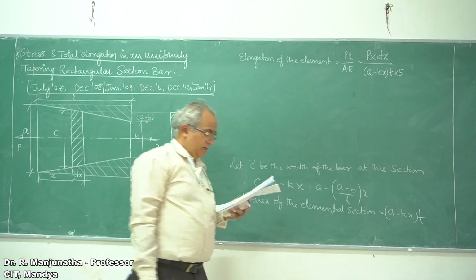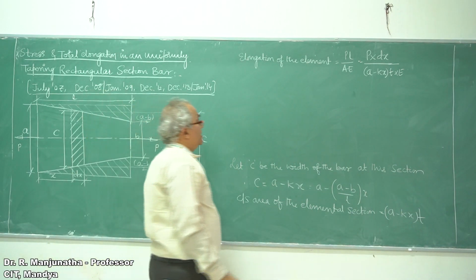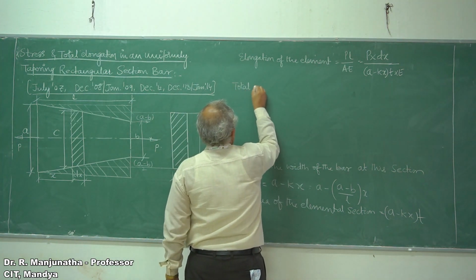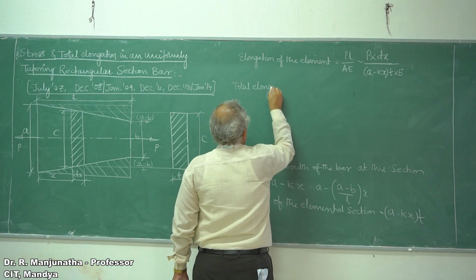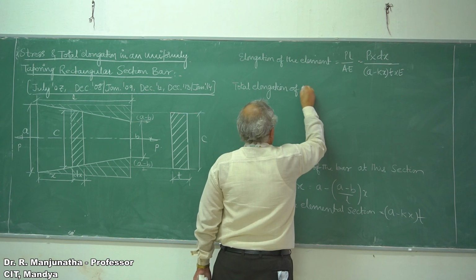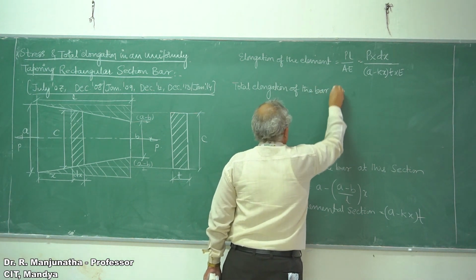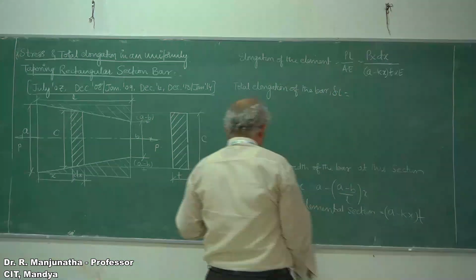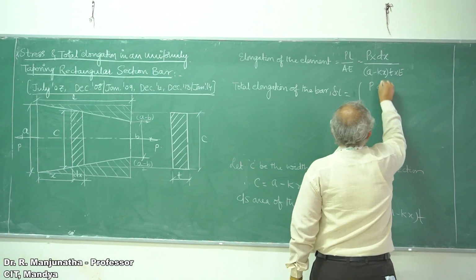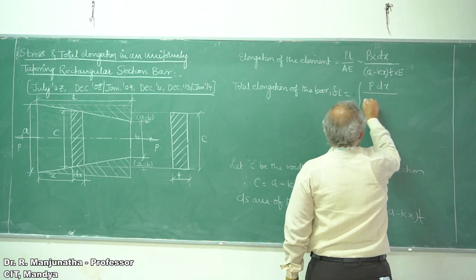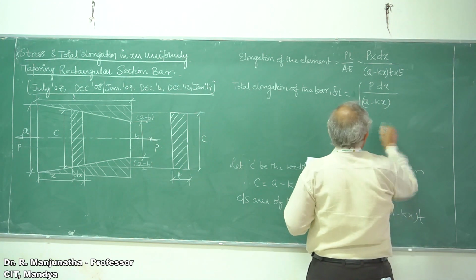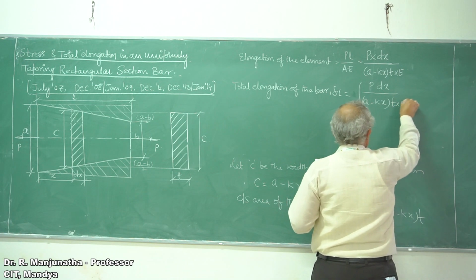Therefore, the total elongation of the bar, delta L, will be equal to the integral of P into dx divided by (A minus K into x) into T into E.